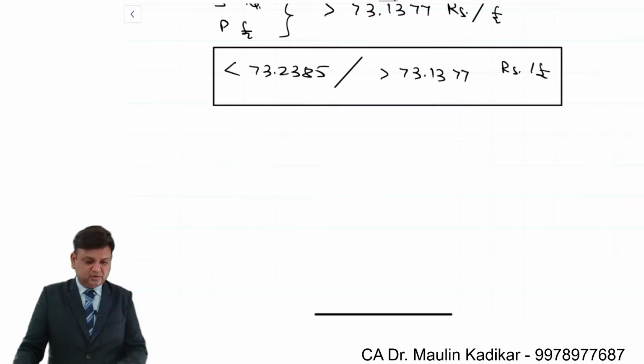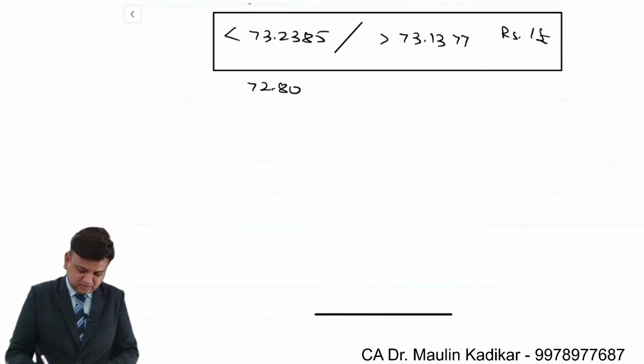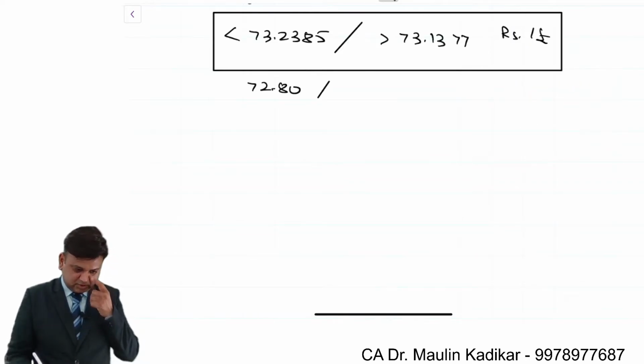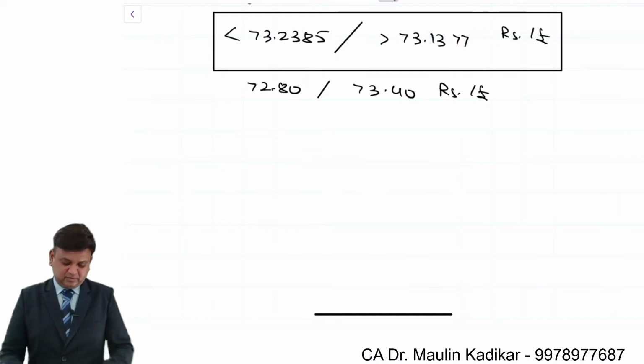So now you have to make a comparison like 72.80 slash 73.40 rupees per pound.